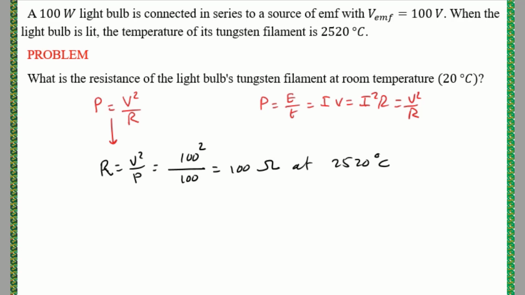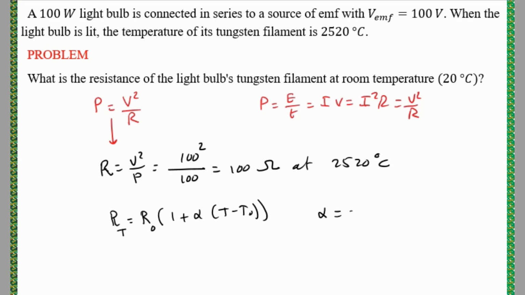But if we want to proceed to 20 degrees, we can use the relation that relates the resistance with the temperature as follows. R at any temperature equals R naught times 1 plus alpha times T minus T naught.